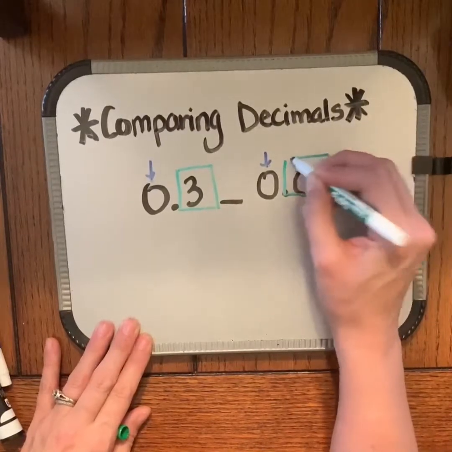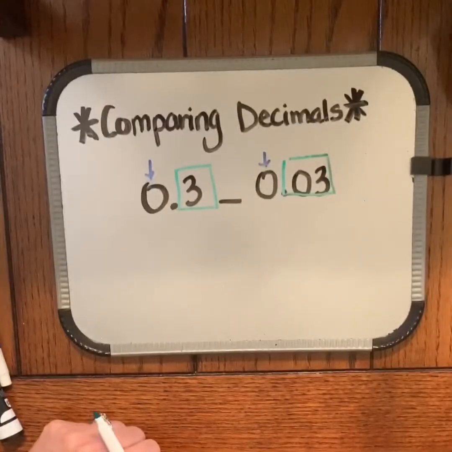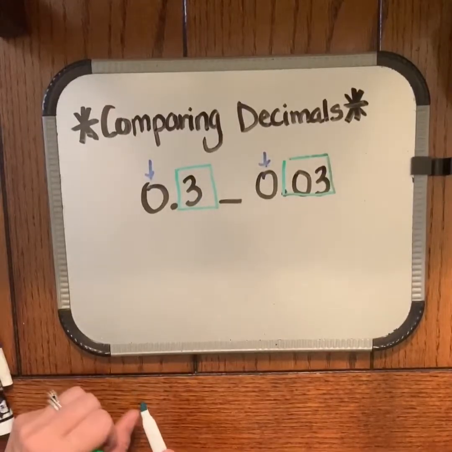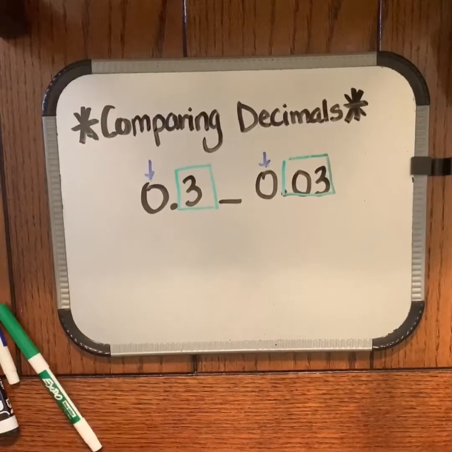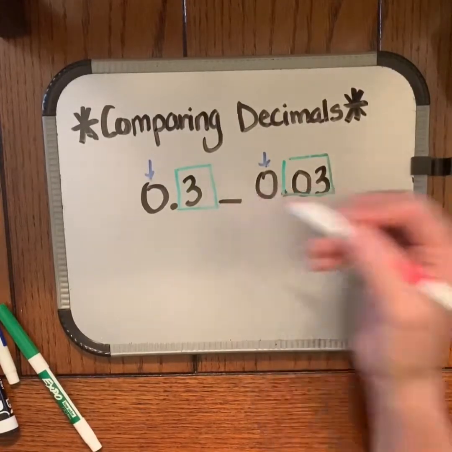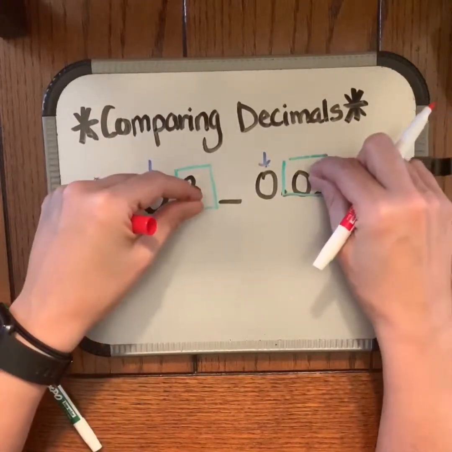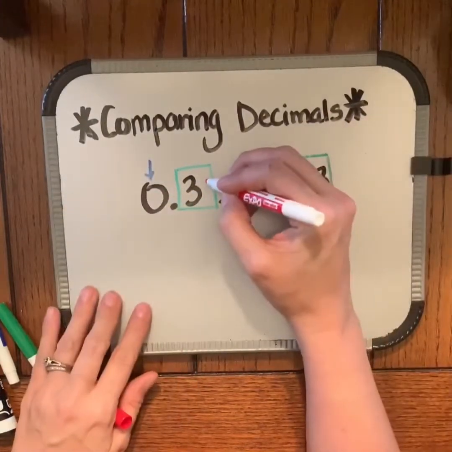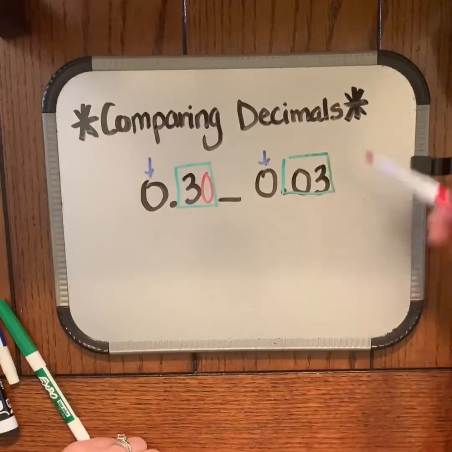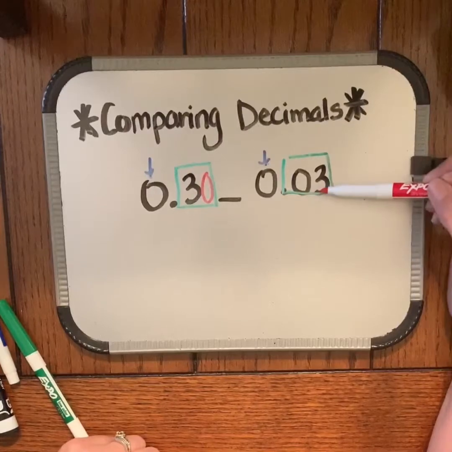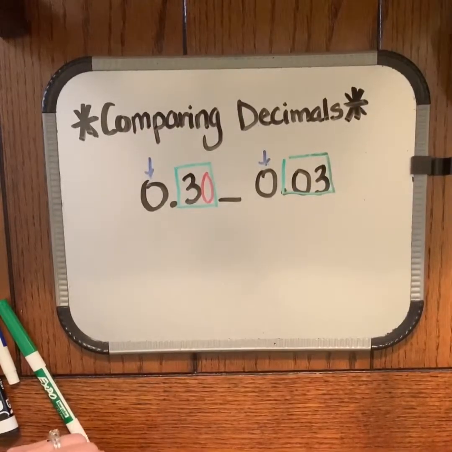Okay, so you notice this has 2 numbers in the decimal and this has 1. So what we're going to do is add another decimal place so that we're comparing the same amount of decimals. So now you see I have a 0, 3 inside the box, and I have a 3, 0 in the box.